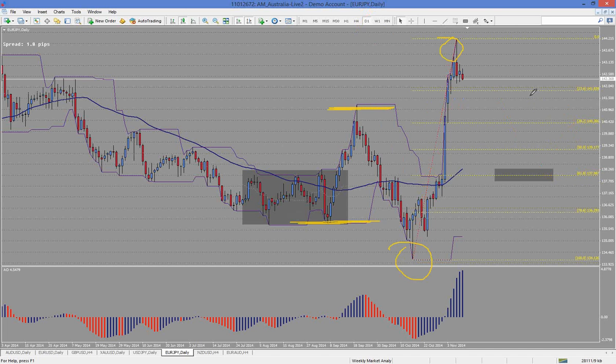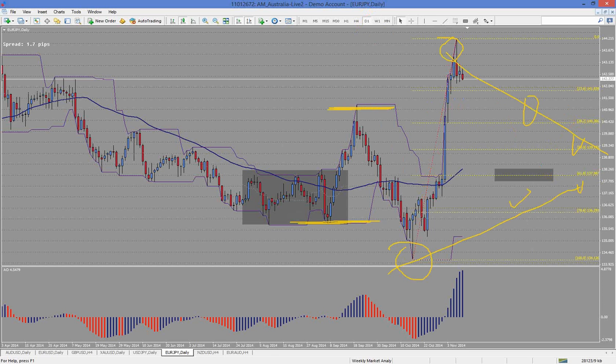So naturally, what I'm going to be looking for is I want the market to come back on itself. Now, this is going to take some time, but if this forms, we could get a really, really good trade out of this particular pair once it's stabilized and we can see it happening.